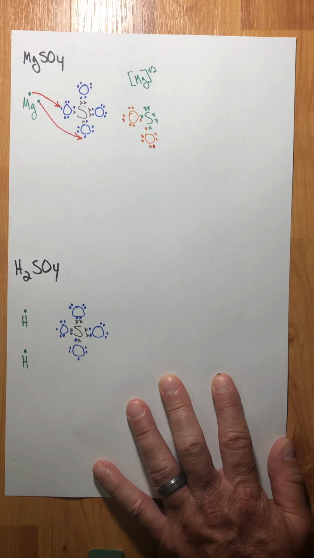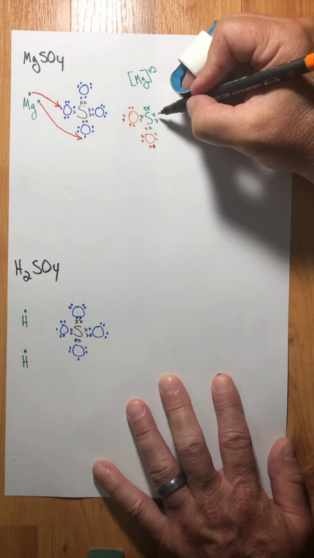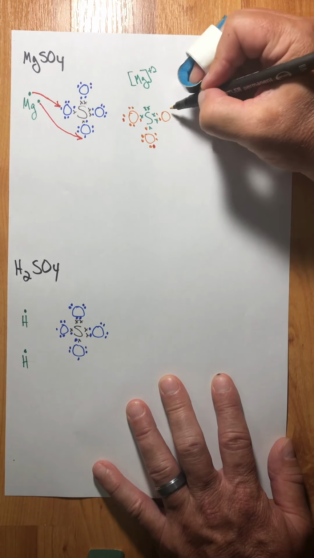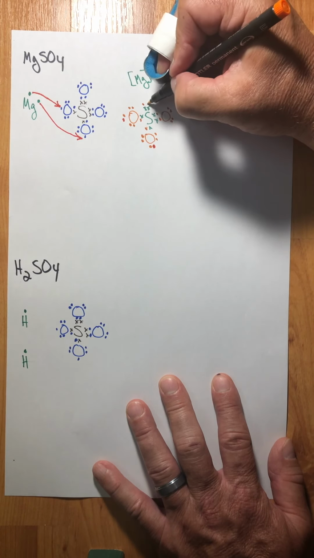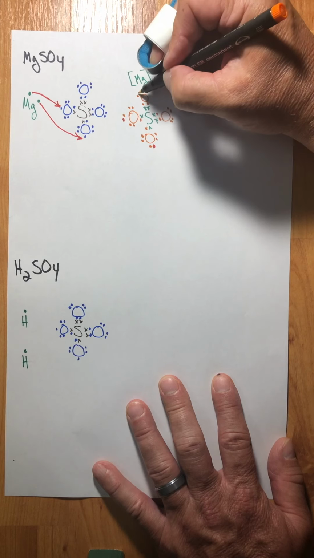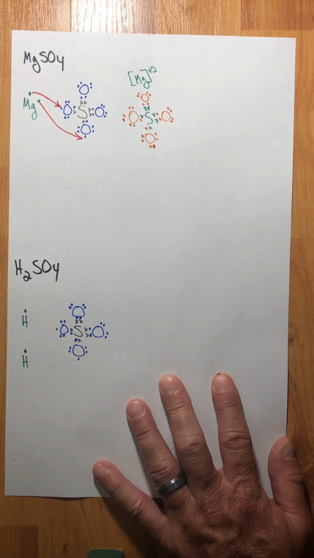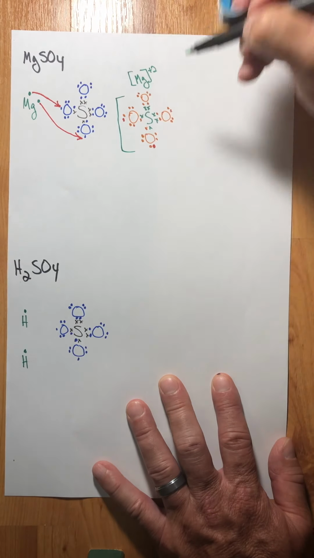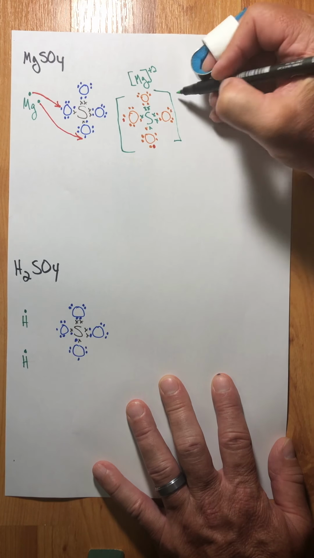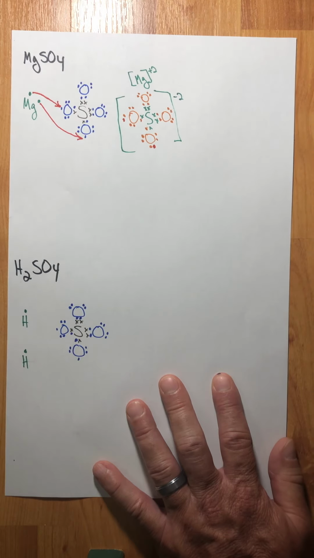And then I also have to do a double bond oxygen here, and one up here. And that would form a -2 ion.